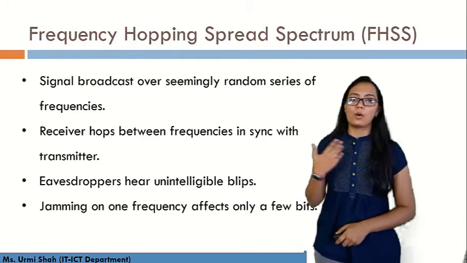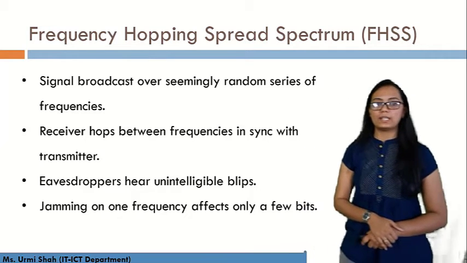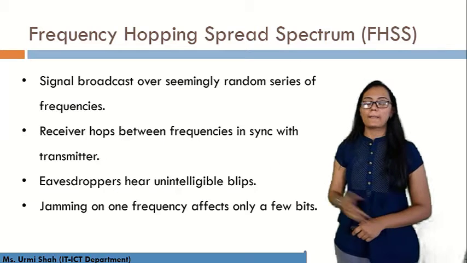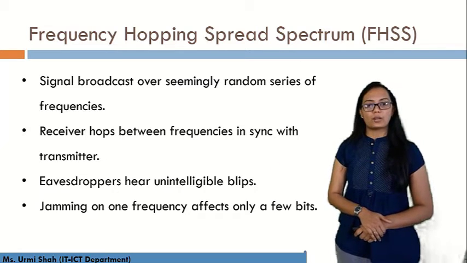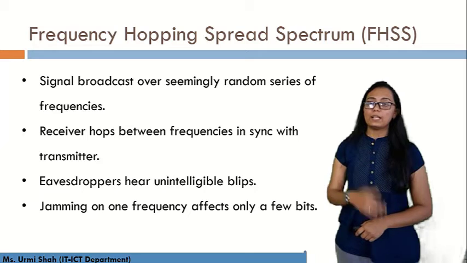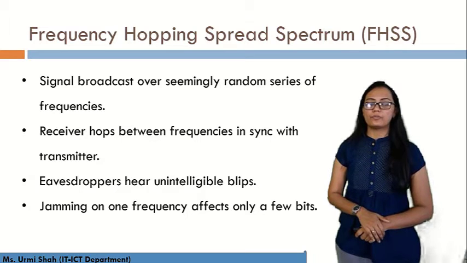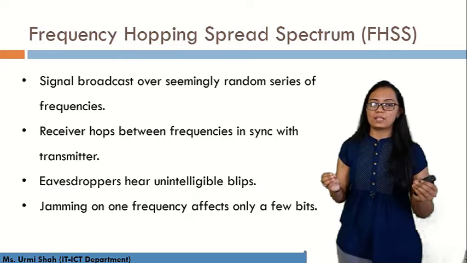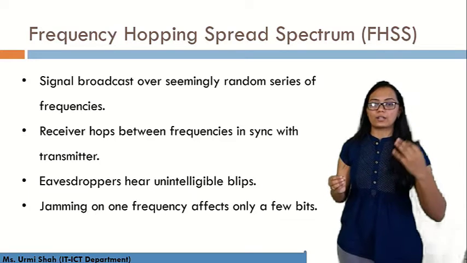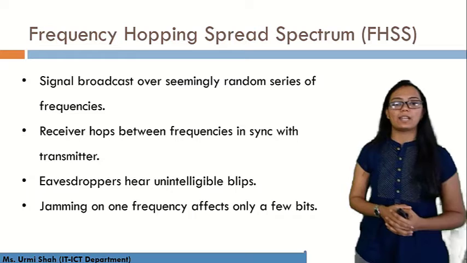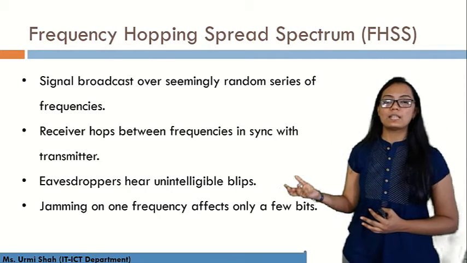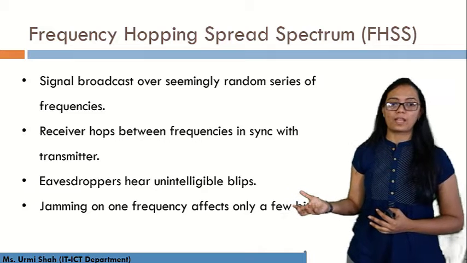Firstly, what is frequency hopping spread spectrum? As you can see here, the signal is broadcasted over a seemingly random series of frequencies. Let's take an example: if you have a specific signal that is broadcasted over a specific range of frequencies, that is known as frequency hopping spread spectrum.